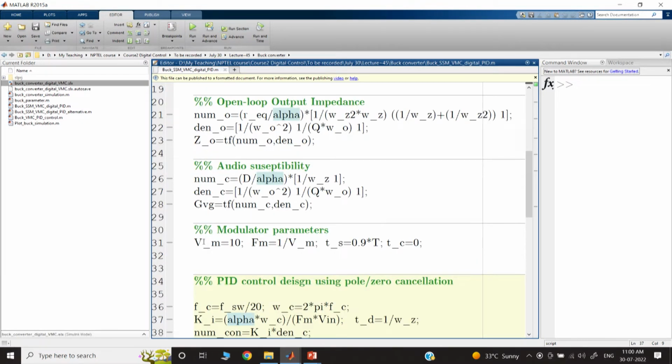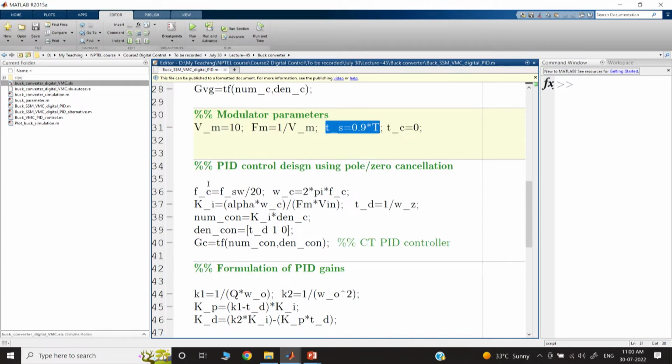Here we set the control voltage to 10, again a user choice. As for the sampling time, first we are sampling, then we are switching. For the PID controller design, we set a crossover frequency of 1/20th of the switching frequency.